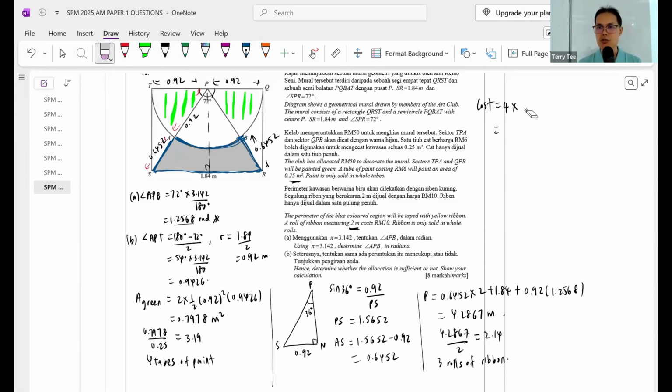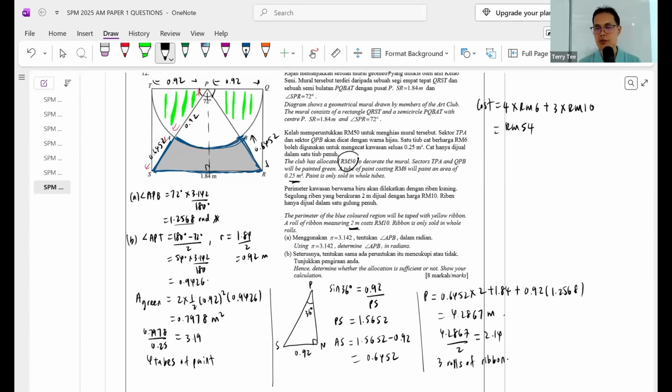Maybe I put an RM here. So 4 times RM6, plus 3 times RM10. 24 plus 30, RM54.